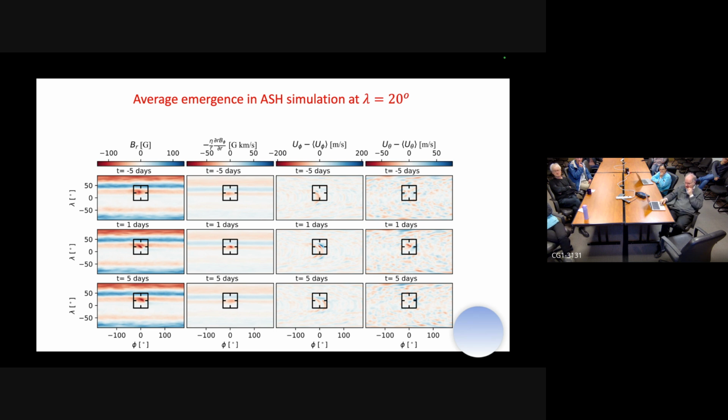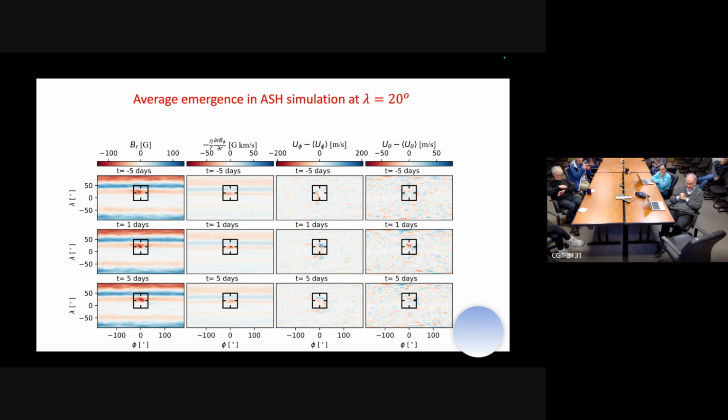It basically goes from the northern hemisphere to the southern hemisphere, and the shape is the shape of a banana cell. So this average flux emergence in the ASH dynamo simulation corresponded to the location of a banana cell, a particular phase of a banana cell evolution.